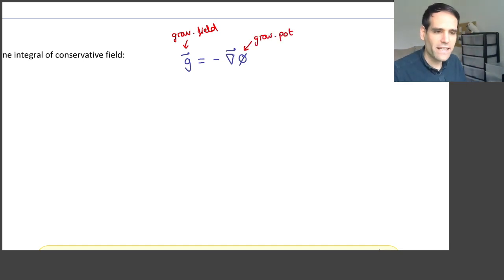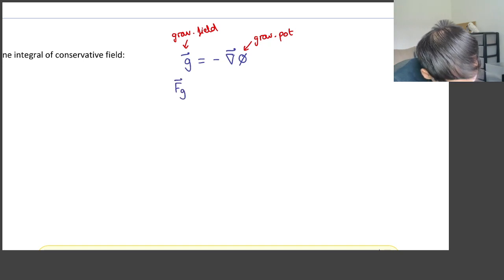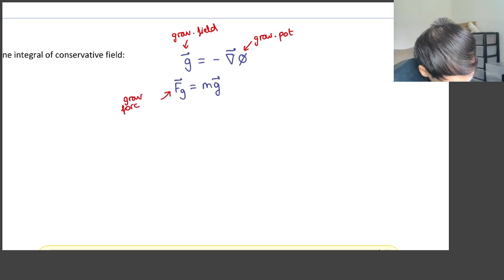But you also remember that the gravitational force acting on a mass little m, so F gravitational, is equal to m times g, right? This is the gravitational force acting on a mass little m.